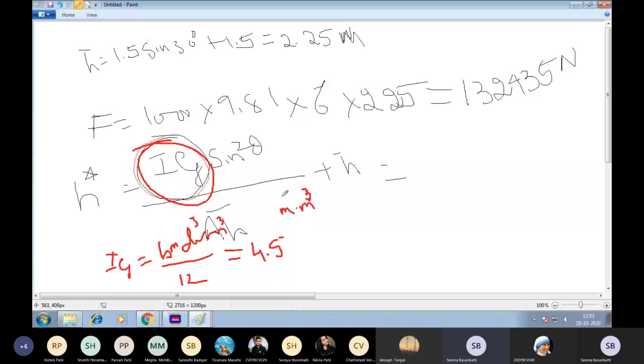Now equate the value of Ig as 4.5 into sine square 30, whole divided by A is 6 and H bar is 2.25, plus 2.25.